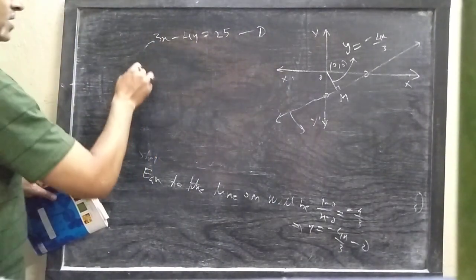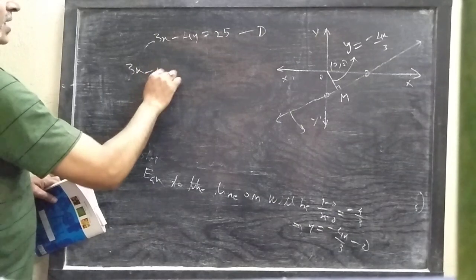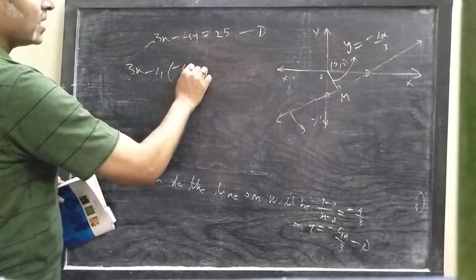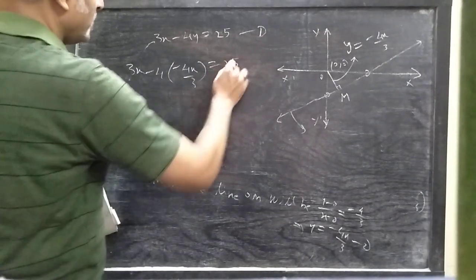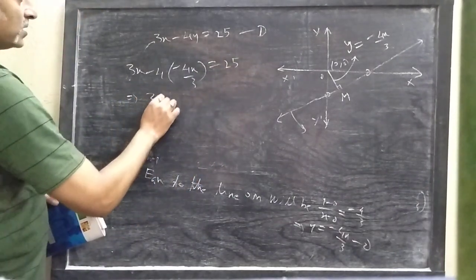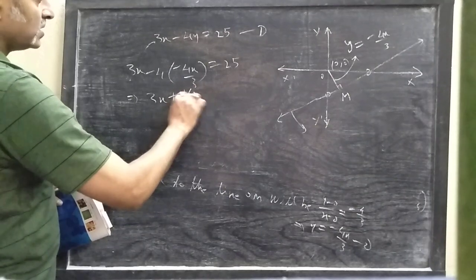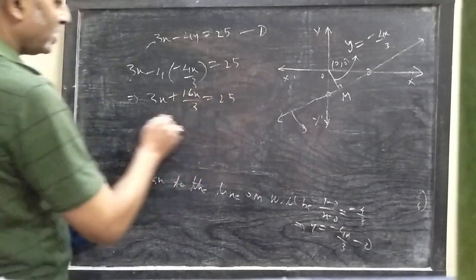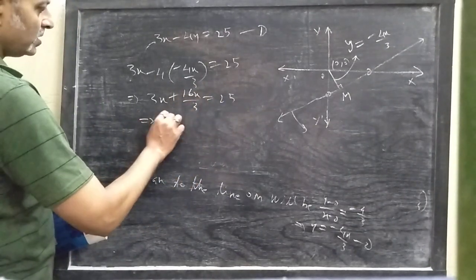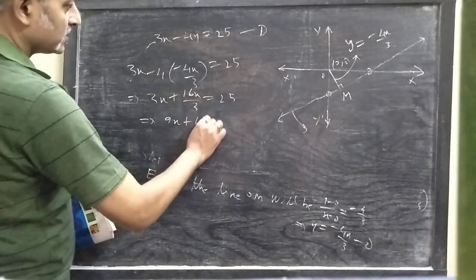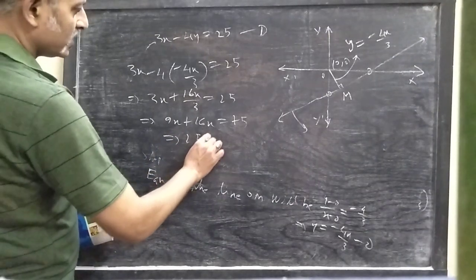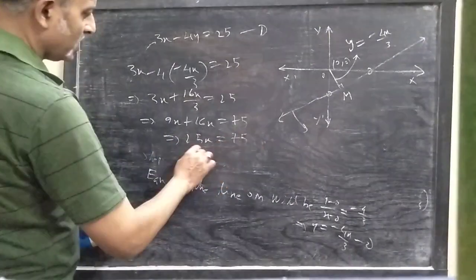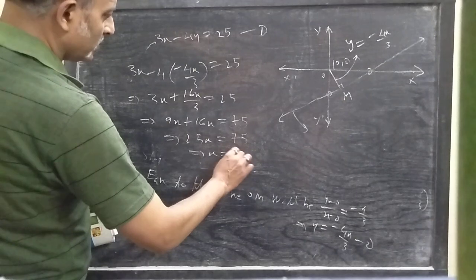Just substitute y here. 3x - 4 into (-4x/3) = 25. This gives 3x + 16x/3 = 25. Multiply both sides by 3. 9x + 16x = 75. That implies 25x = 75, that implies x = 3.